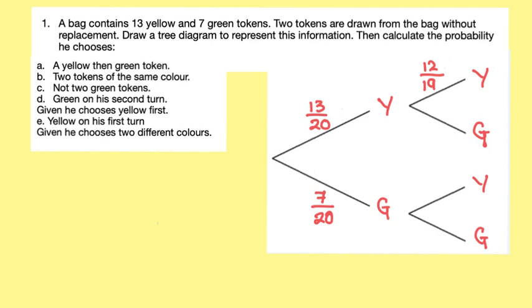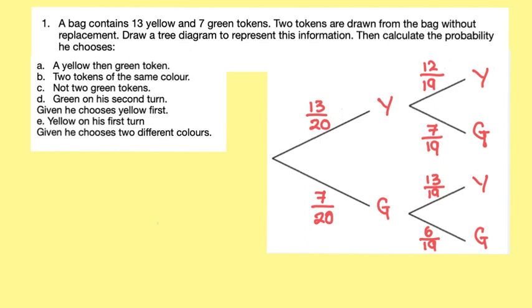If we pick green the second time, there are still 7 in the bag out of the 19. If we've picked green first, there are still 13 yellows out of 19 in the bag. And if we pick green again, there are only 6 green left out of the 19.